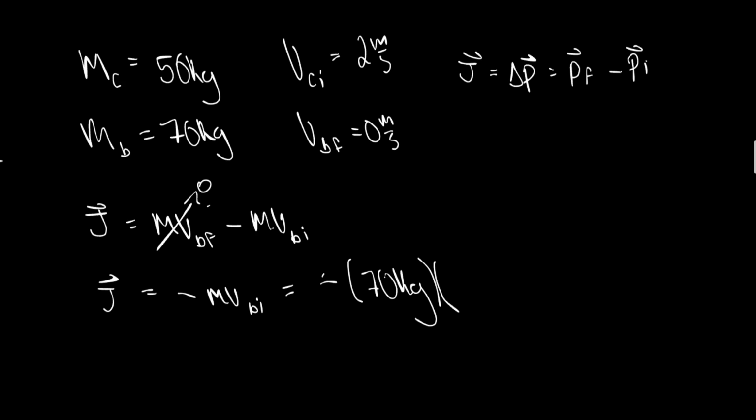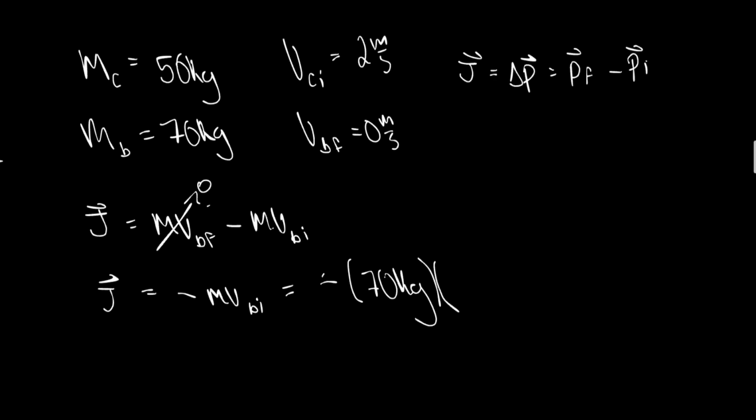And because we know that the boy is riding the cart, he has to go at the same velocity as the cart, because the prompt told us that the cart is moving across a frictionless floor at 2 meters per second, and that the boy is riding the cart. So therefore, the boy also has to be going 2 meters per second.